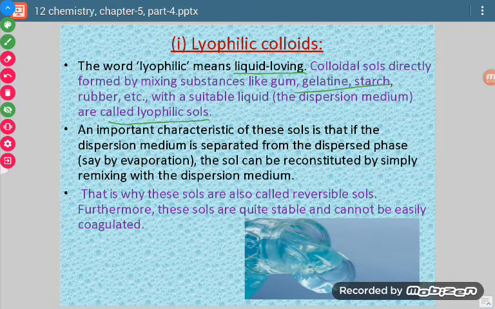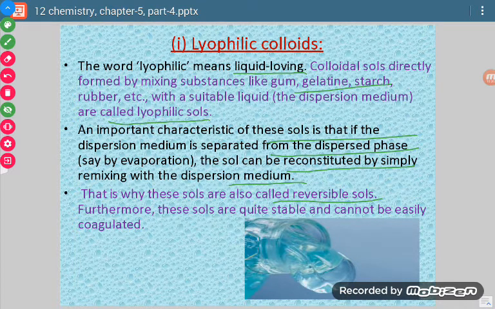Means if we have a certain lyophilic sol and because of evaporation its dispersion medium has evaporated, then we can again put in the dispersion medium and obtain the sol again. So we can say that these are reversible in nature. That is why these sols are called reversible sols.